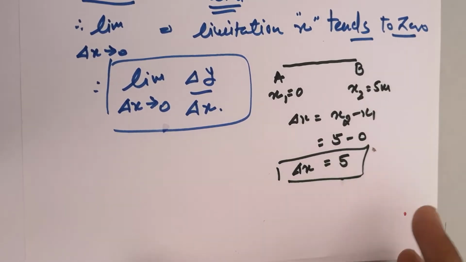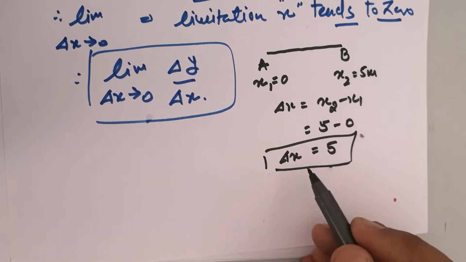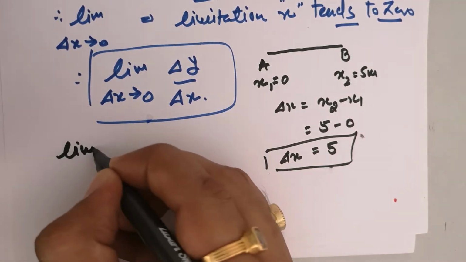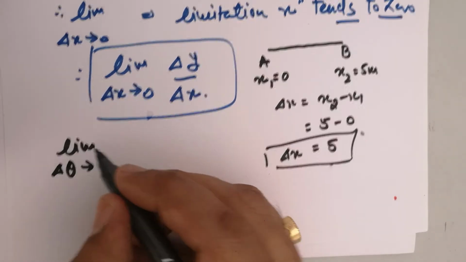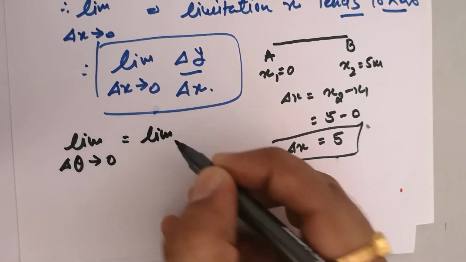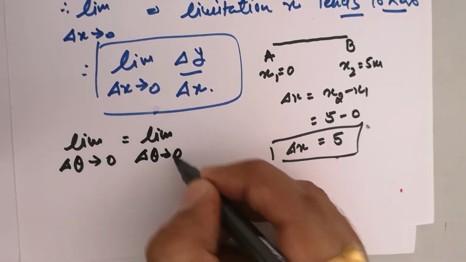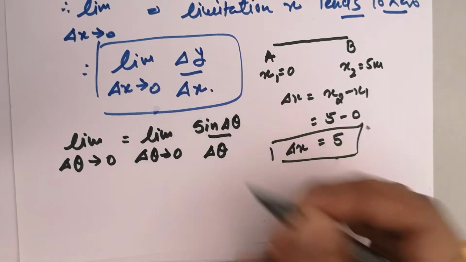Whenever we want such a very simple notation with limits, we will have limit delta theta tends to 0 of sine delta theta divided by delta theta.